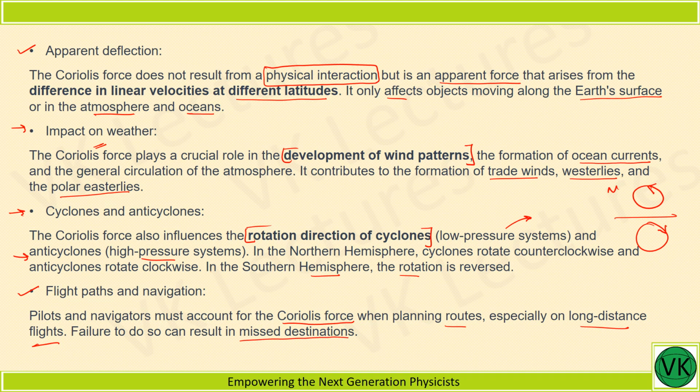If this Coriolis force is not taken into account, then if you want to go to this position from this, sometimes you will end up moving away, or sometimes you end up moving closer. This will depend on which hemisphere you are flying in.